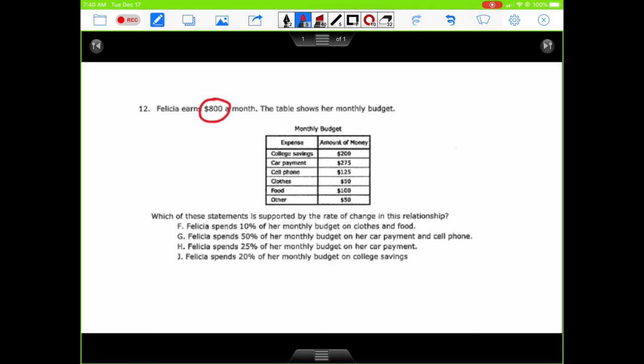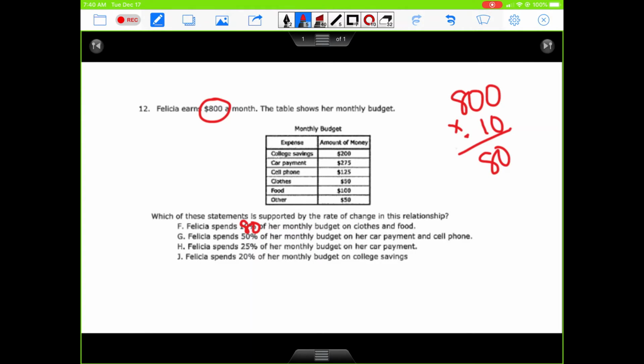So I want to take my $800 a month and figure out what 10% of that is. Remember, when we're working with percents, we always change it into a decimal and then multiply. When I multiply 800 times 10%, or as a decimal, 10 hundredths, it's going to give me 80.